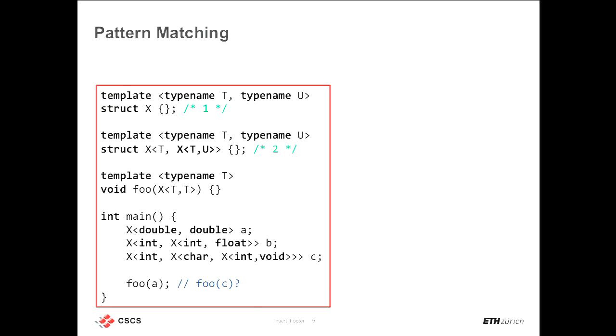Again, specializations are quite important. It's an important mechanism for many of the things that you can do in C++. And now suppose that we have our struct X, and our struct X is specialized for the case in which the second argument is actually a type X again, with 2 arguments, and then T is repeated here.